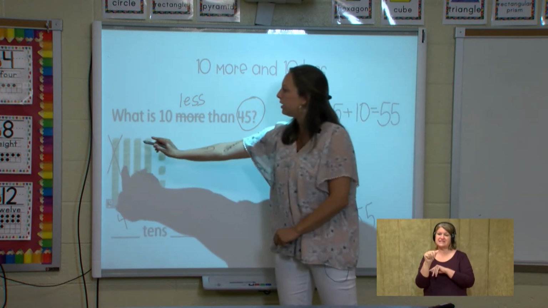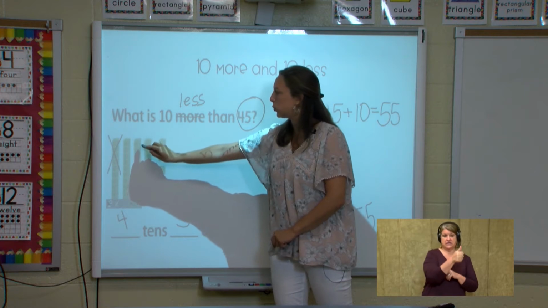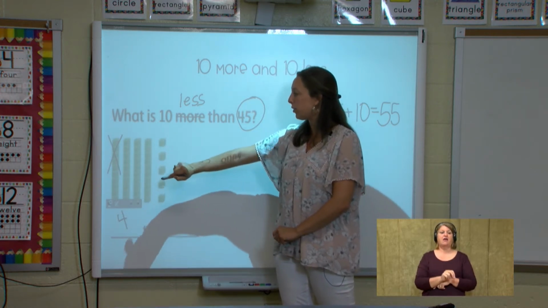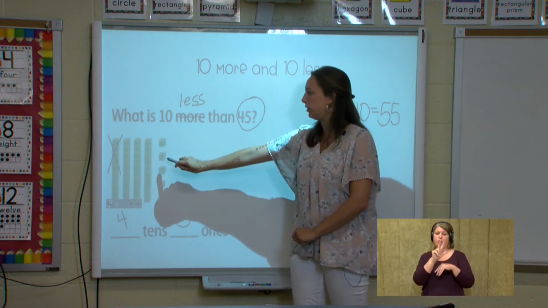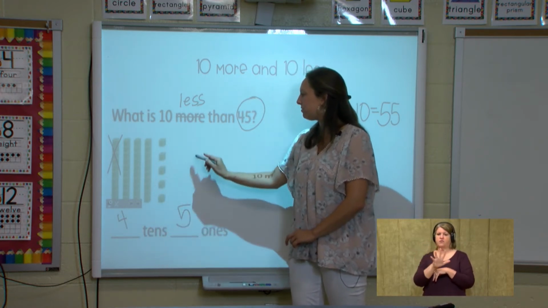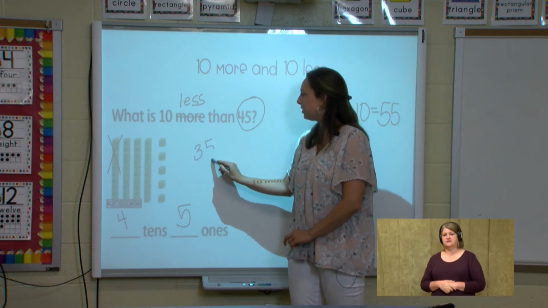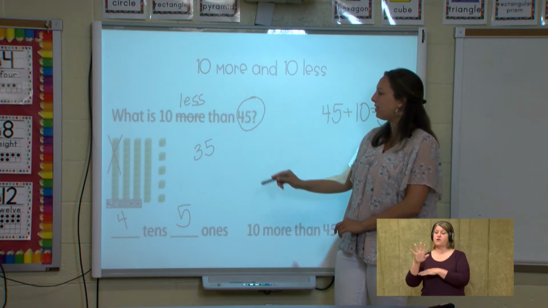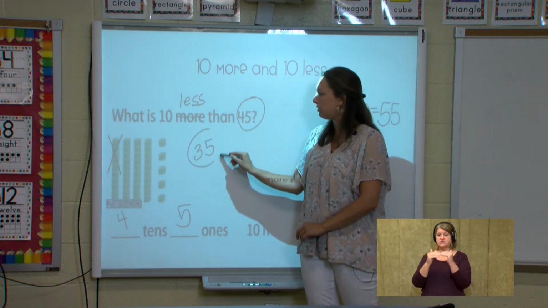All right? 10, 20, 30. 3 rods equals 30. 31, 32, 33, 34, 35. 10 less than 45 equals 35.